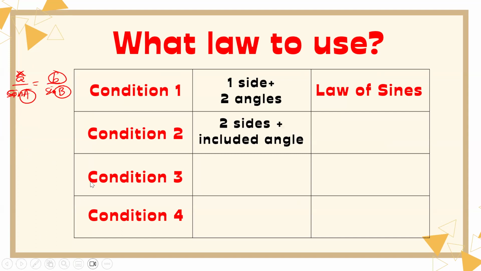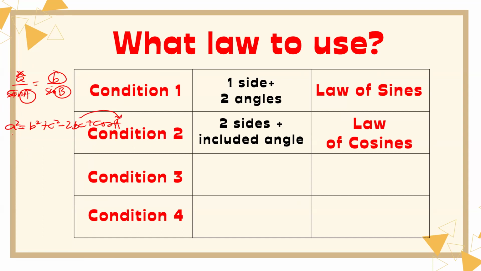Then, if you have two sides plus one included angle, then you use the law of cosines. Remember, a squared equals b squared plus c squared minus 2bc cosine A, right? So this is the included angle of the two sides, and therefore we can solve for the unknown side, okay?